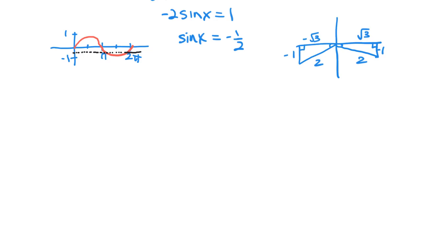So to solve this one, to figure out which value of x, what angle x causes sine of that angle to be negative 1/2, we could think of, well, if you start from here and you go over to this, well, this angle is going to be a 30-degree angle where it has 1 and 2, right, or pi over 6.